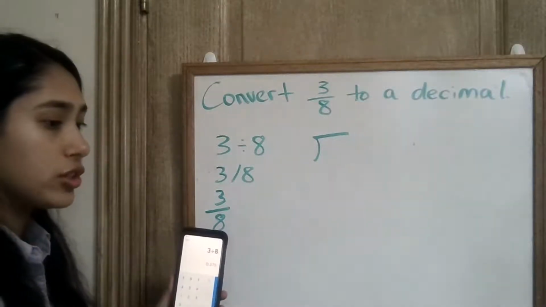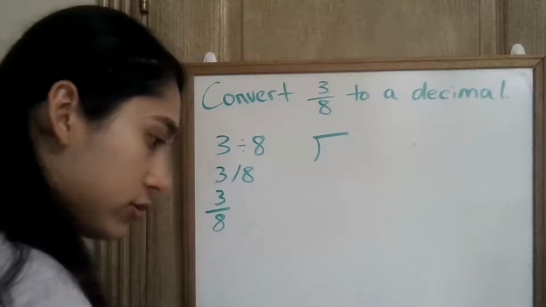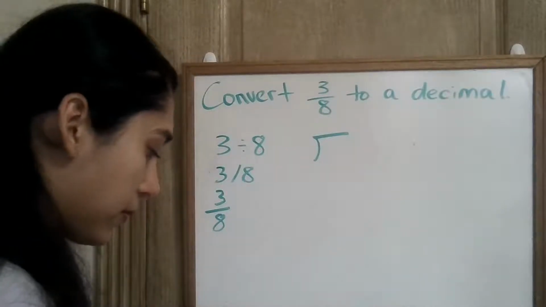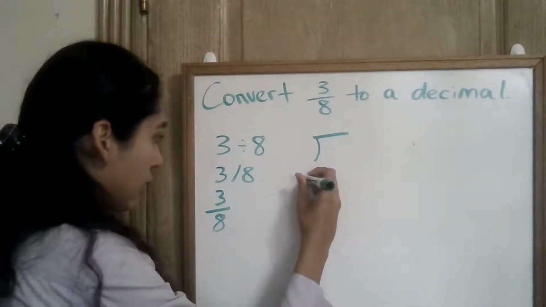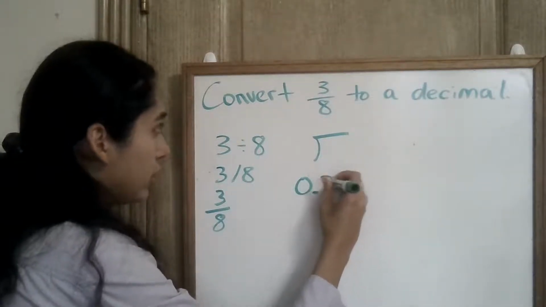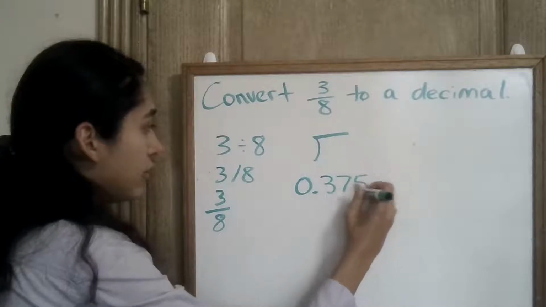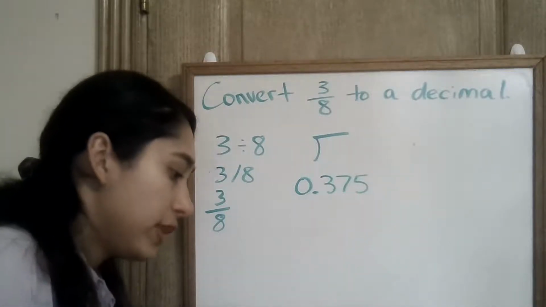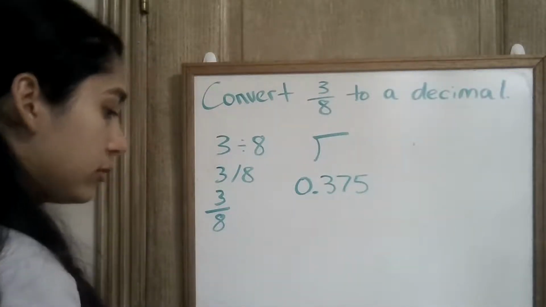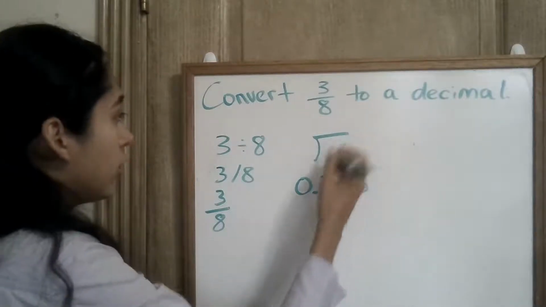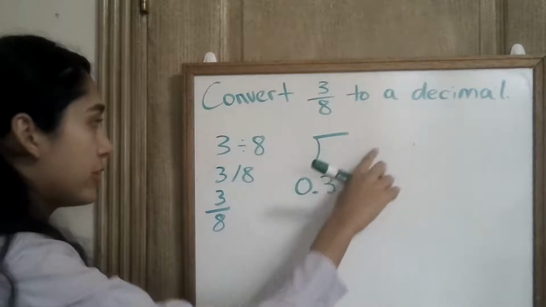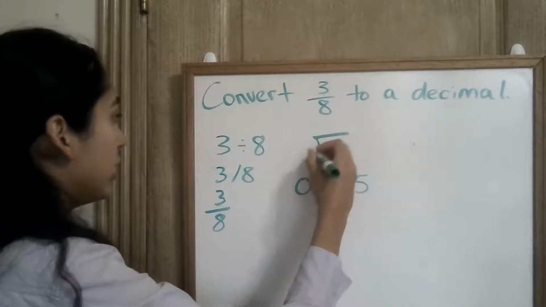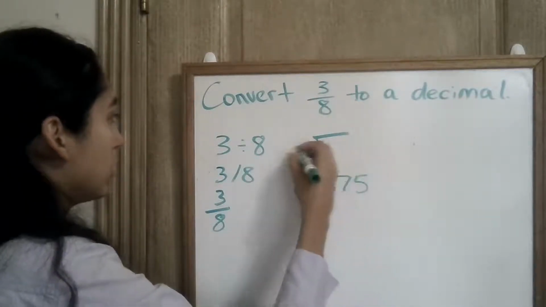With our solution, we get 0.375. That would be our answer. We could also obtain the same answer by just doing our regular division, 3 divided by 8.